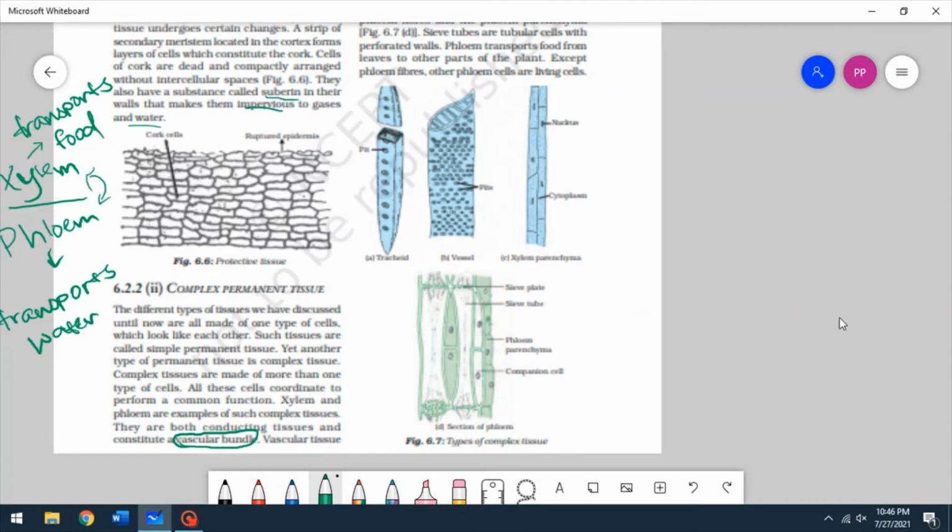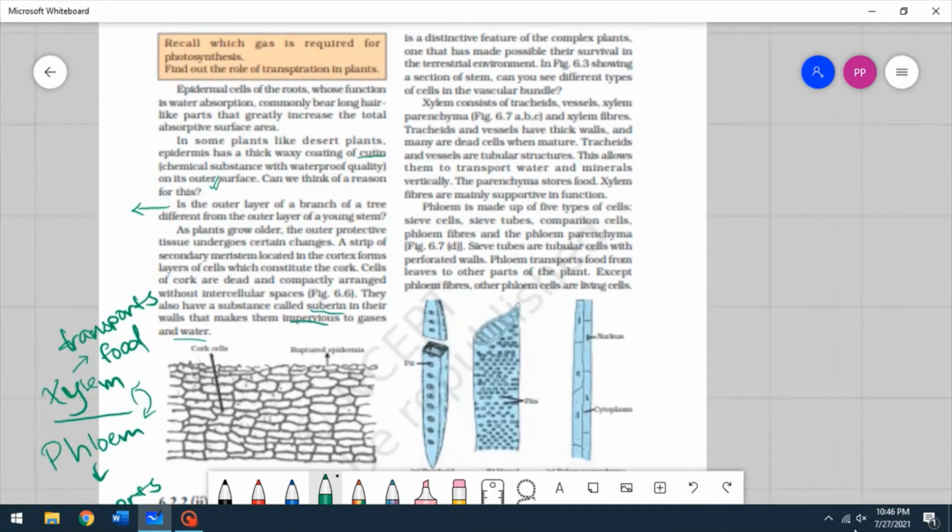A vascular tissue is a distinctive feature of complex plants, one that has made possible their survival in the terrestrial environment. So an indication that a plant is complex is the presence of a vascular tissue, and a vascular tissue has xylem and phloem existing together.